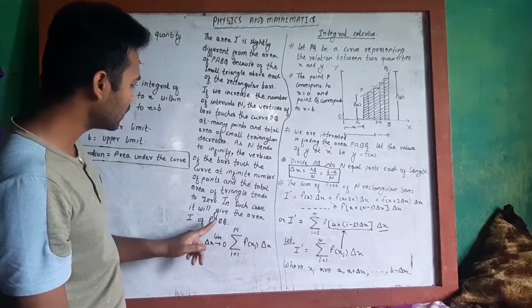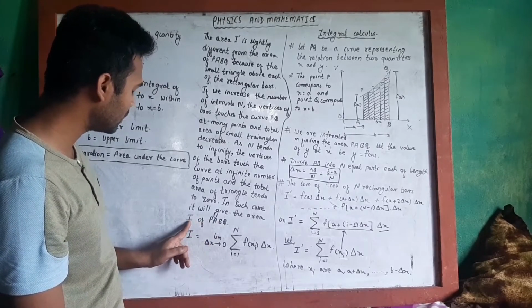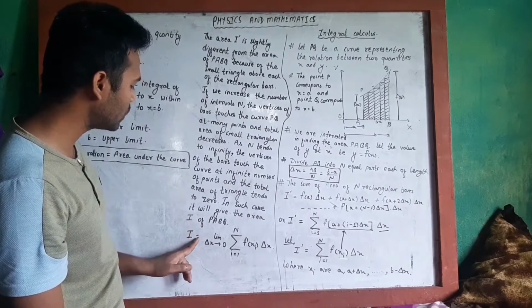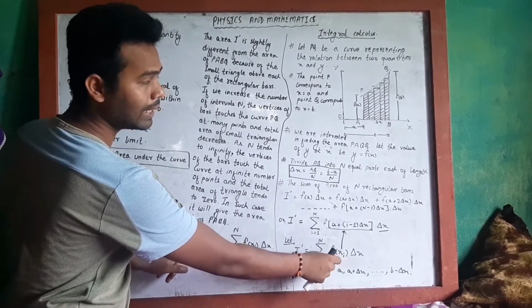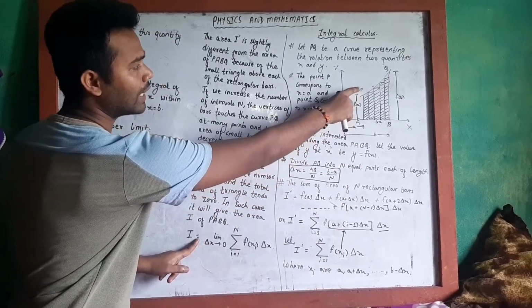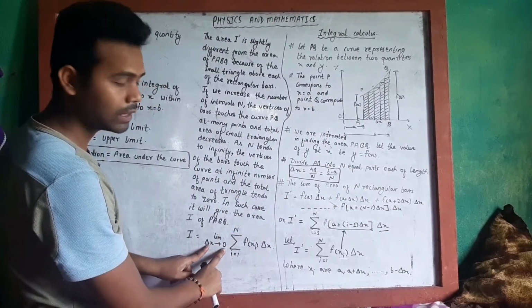And if we denote the area of PABQ as I, then this expression will give the perfect, actual area of PABQ if and only if del x tends to limit 0.